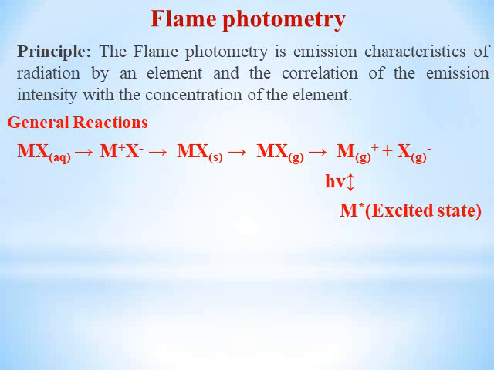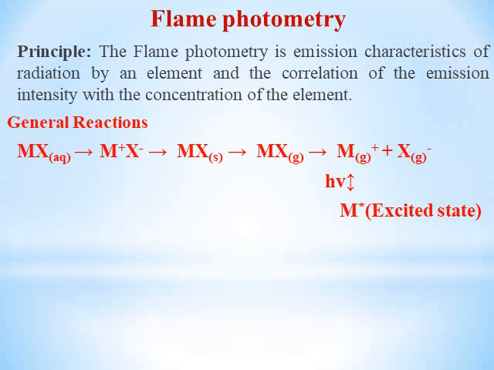Let us consider sodium chloride as an example. Sodium is the metal and chlorine is the X. Sodium chloride is made into an aqueous solution. This is especially used for sodium and potassium estimation. When made into an aqueous solution, it will slowly ionize and exist as Na+ and Cl- in the solution.